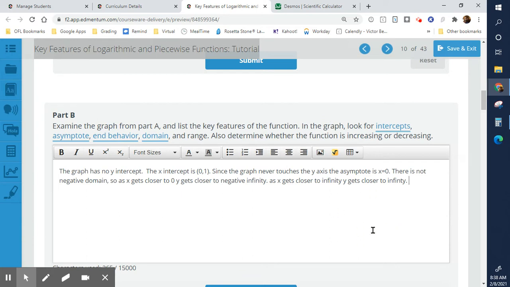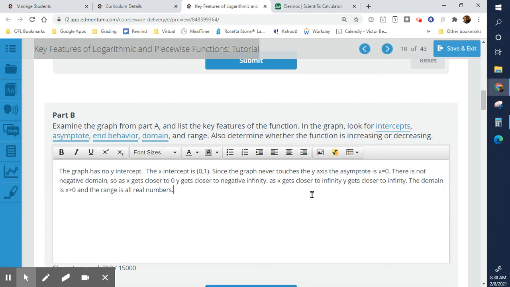So the domain is x is greater than 0. X is bigger than 0. The alligator wants to eat the x. And the range is all real numbers. All real numbers.